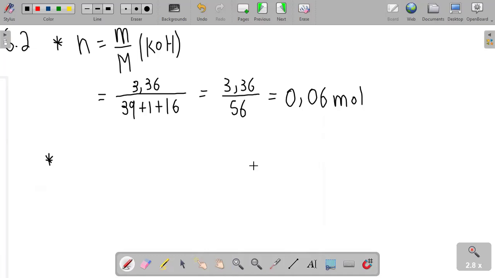So now we have the number of moles, it gives me 0.06, rounding off to 2 decimal places.